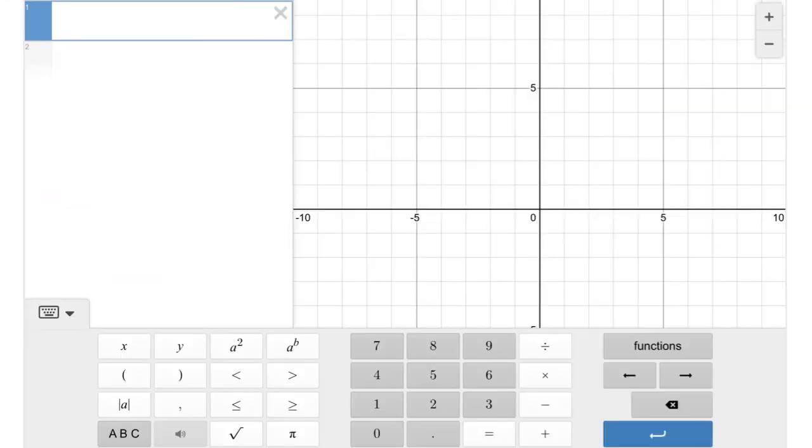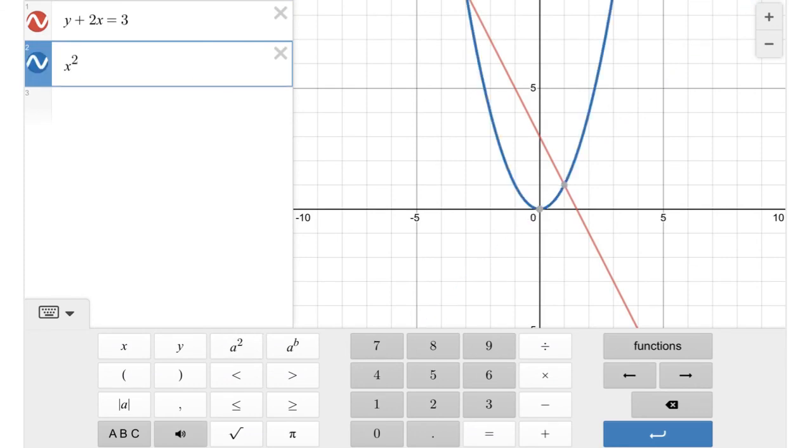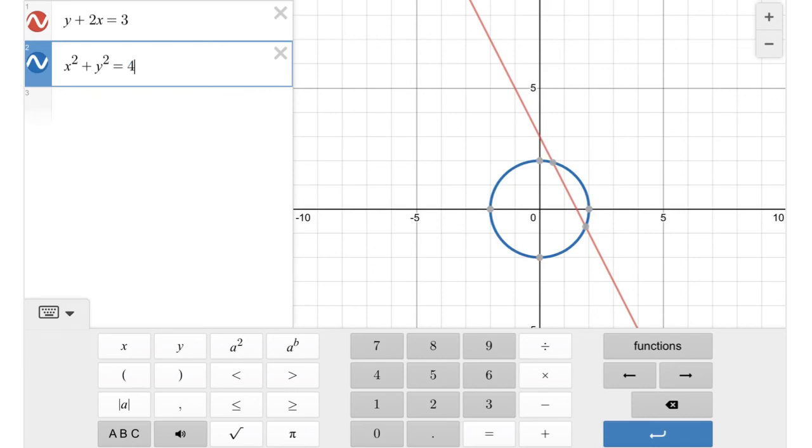Again, we can check this by plotting it as a graph. So we've got y plus 2x equals 3, and there's the graph of that. And x squared plus y squared equals 4.